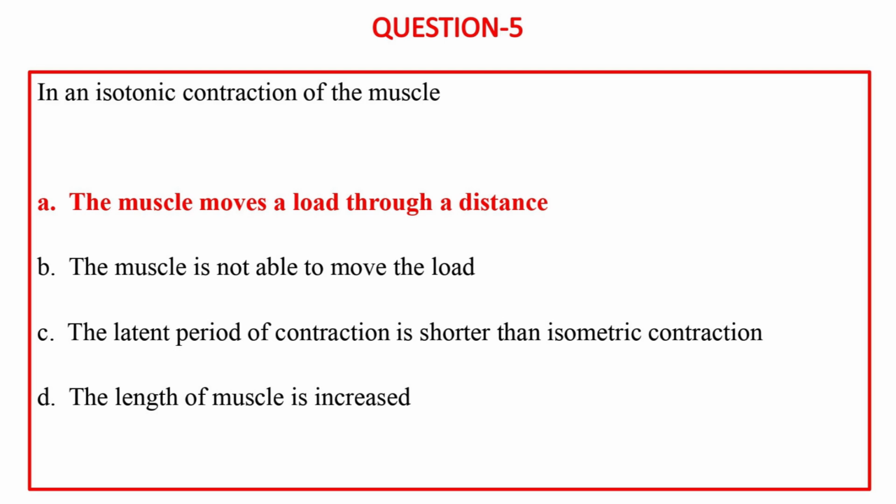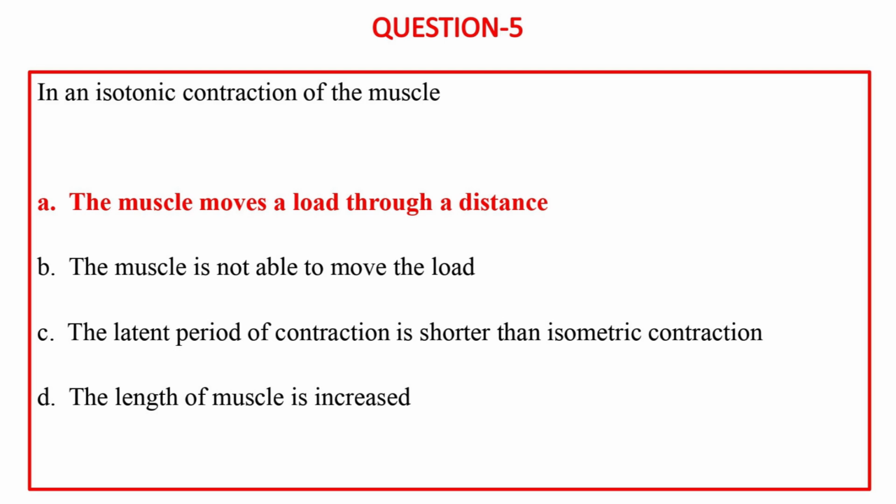When this happens, there is external work done by the muscle, which is called the load being lifted. But in an isometric contraction, the tension is increased.